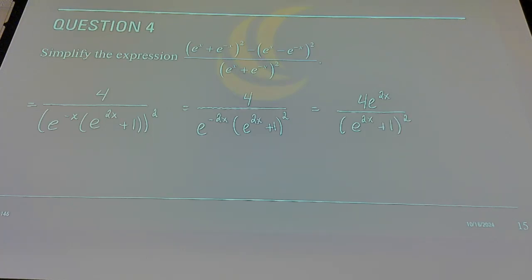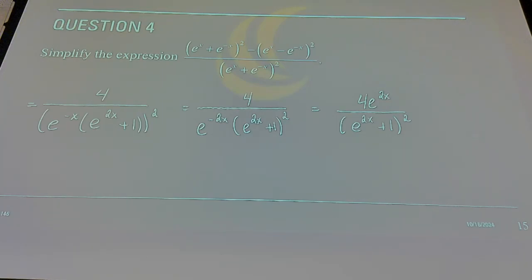And remember, negative exponents, you flip the position and make the exponent positive. So e to the negative 2x in the denominator will go up to the numerator as e to the 2x. And there's your fully simplified.